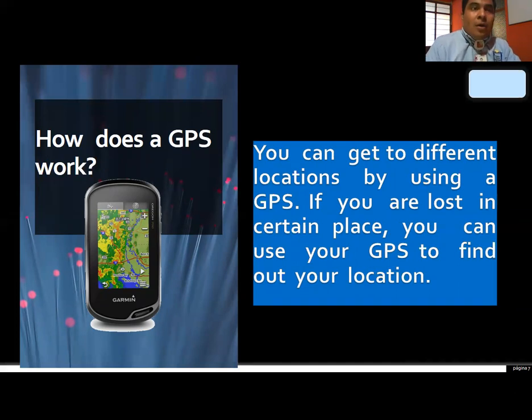If you are, for example, in a new country and you are lost, and you have your cell phone with you and it has a GPS, it's very easy to find your location.